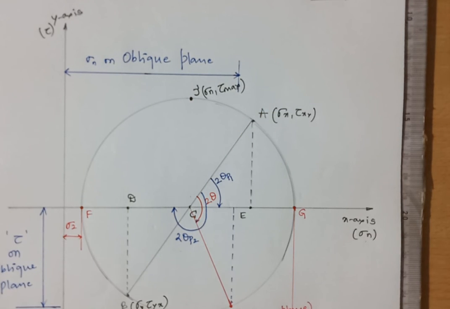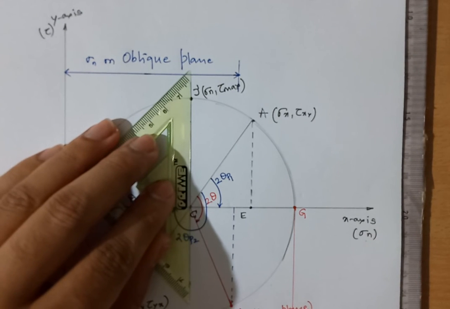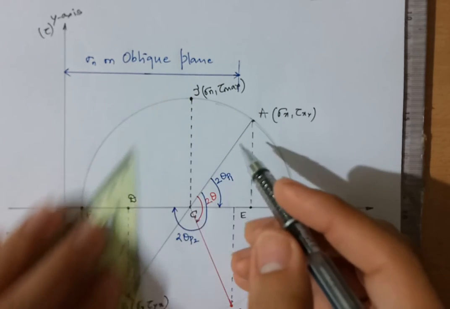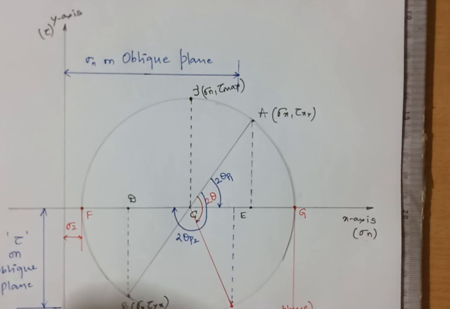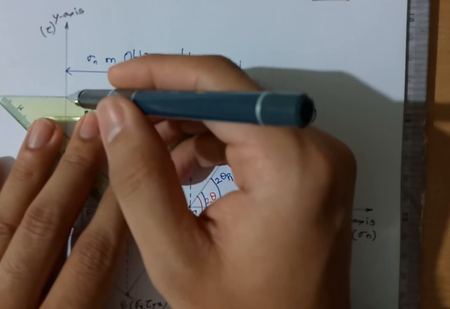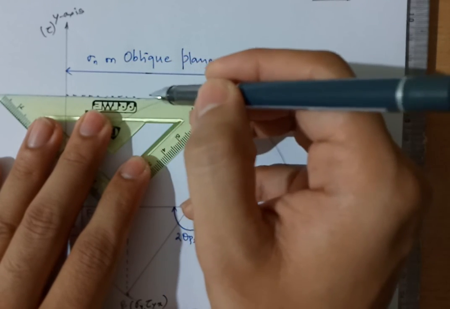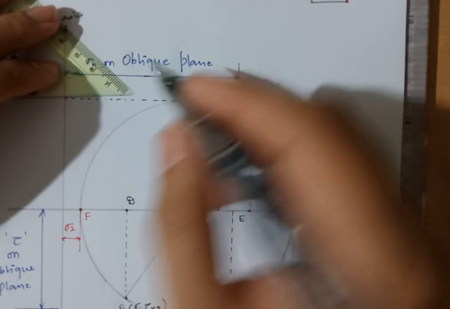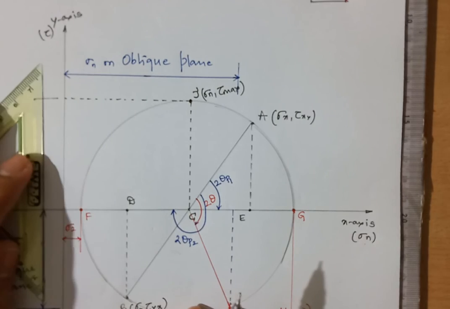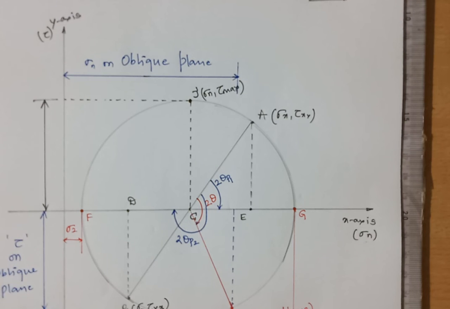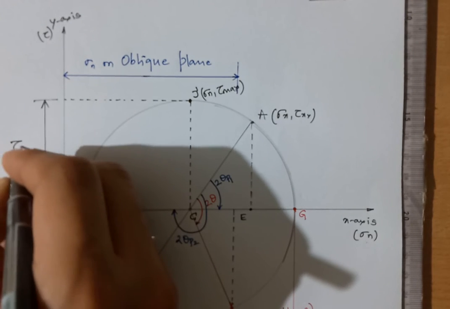Here, if I just connect this and project it over to the left hand side, this value on the left hand side gives me tau max.